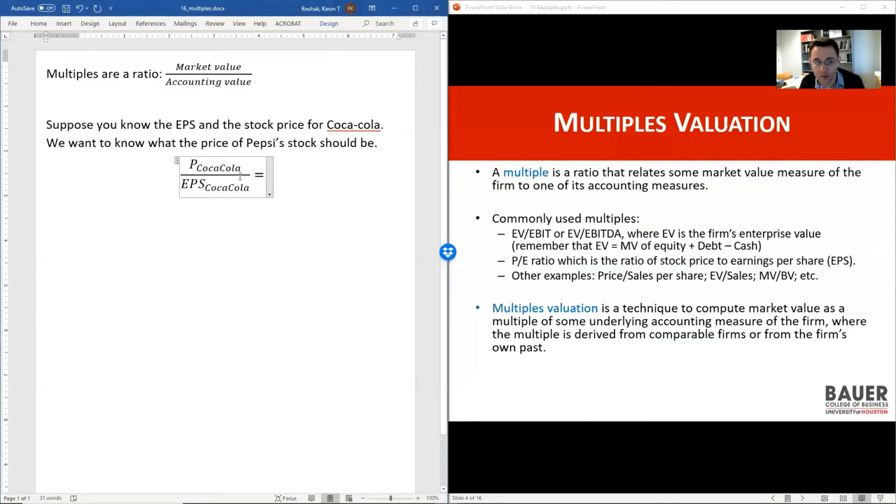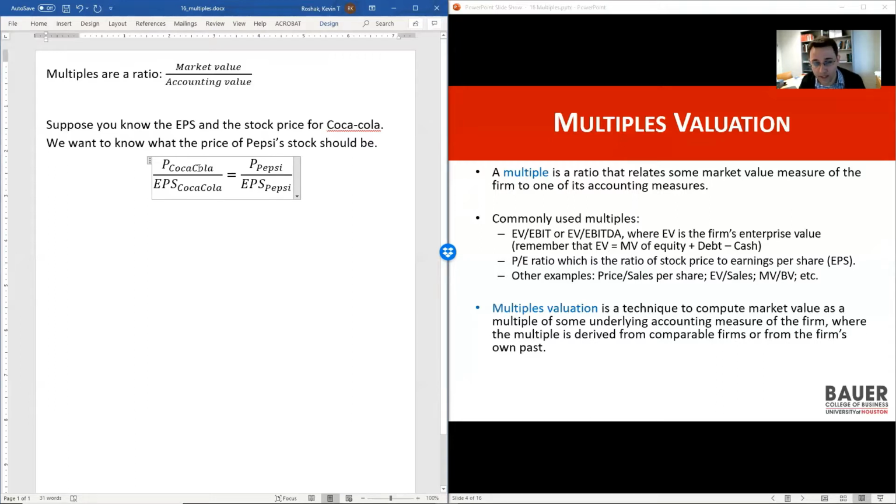With a multiple, this ratio should look the same for Pepsi. So what is the price of Pepsi? We divide that by the earnings per share for Pepsi, and the ratio should be the same. That's the intuitive idea.